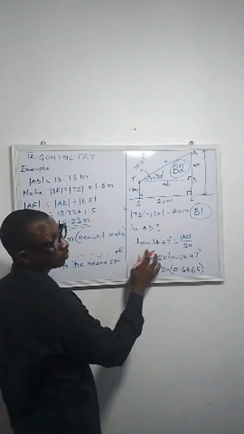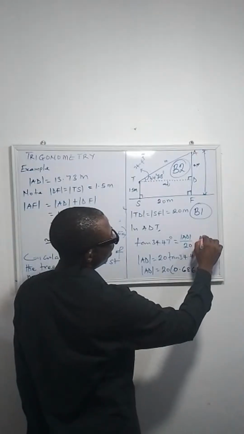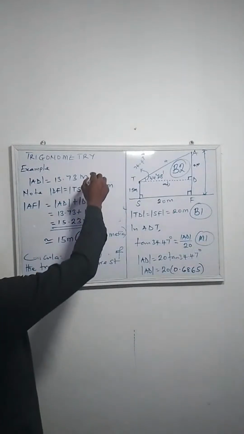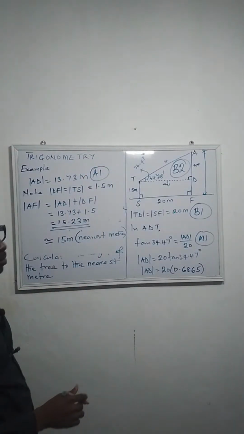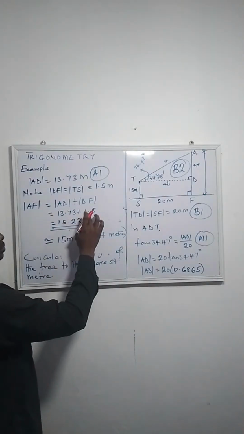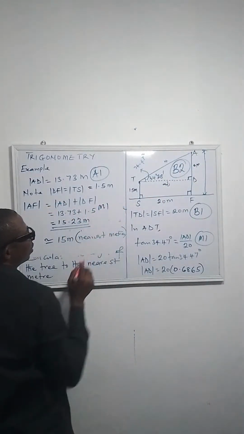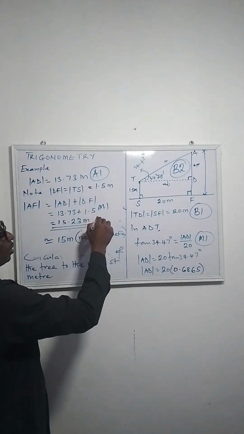Now, for making use of this trig ratio, we have M1, and for getting the answer, we have A1. For adding this side and this side together, we have M1. And for getting the answer, A1.